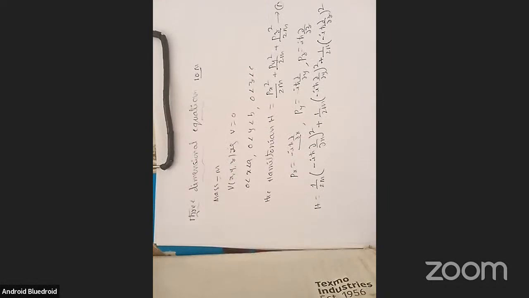Here the h bar square value you are calculating the square, and i square is minus 1.